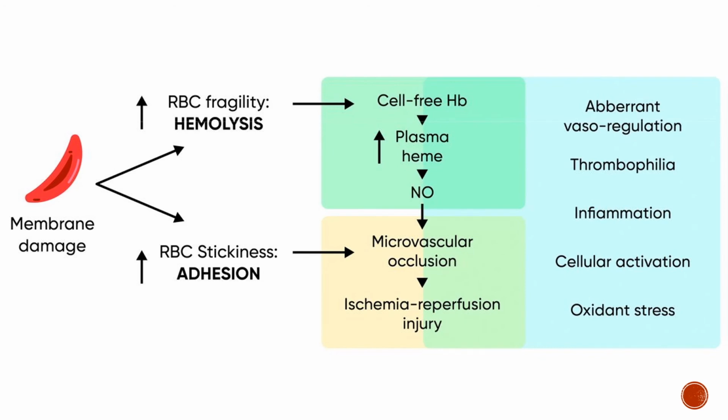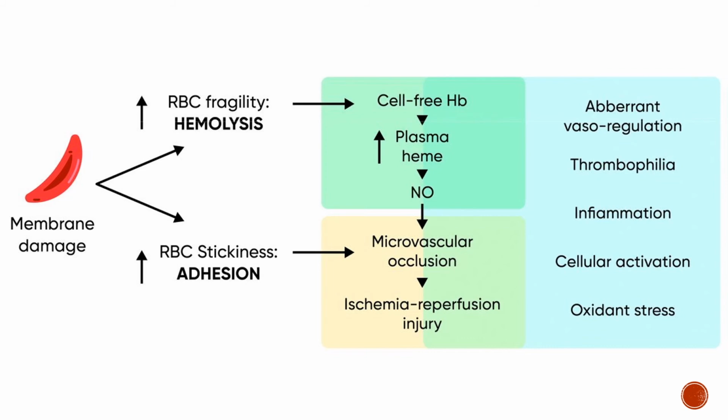I have already told you that because of the structural switch in the RBCs, there is increased fragility and membrane weakness leading to hemolysis, because of which there is an increased amount of cell-free hemoglobin, or hemoglobin in the plasma, which will lead to increased consumption of NO, or nitric oxide. Because of this consumption, there will be microvascular occlusion.